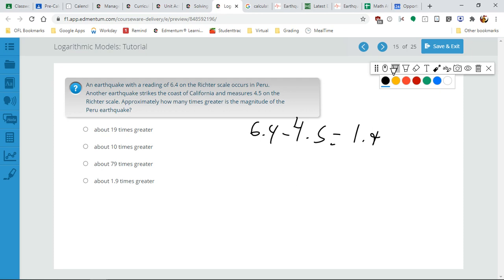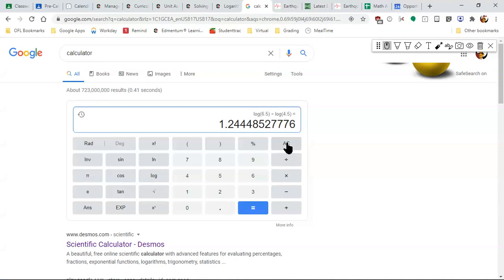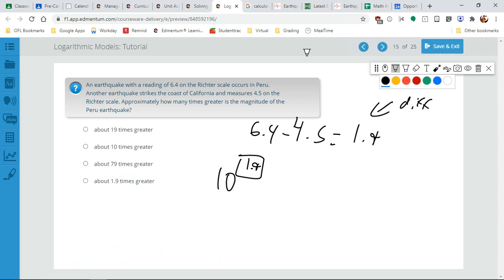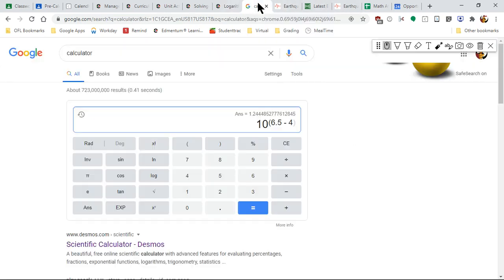Since every number on the Richter scale represents a factor of 10, we're going to do 10 to this difference right here. So when I plug this into my calculator, I'll do 10 to the power of, and if I want to get really fancy, I can do 6.4 minus 4.5.